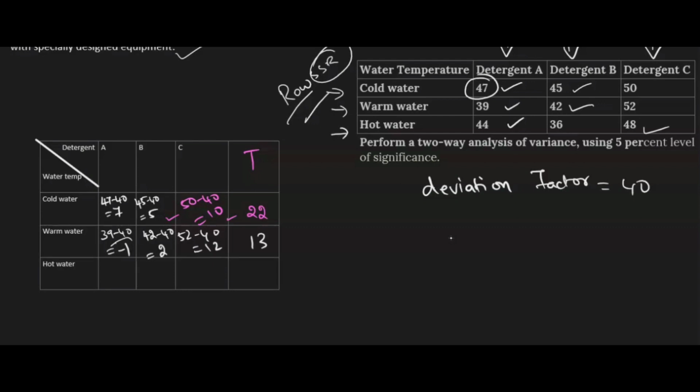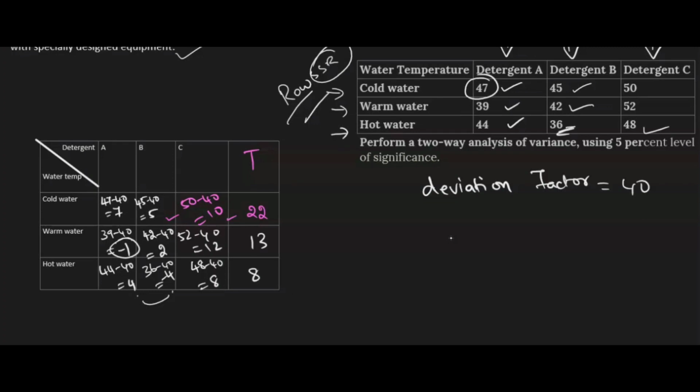So please be careful with the negative values also. And then the last one, 44 minus 40, 4. And we have here 36 minus 40. So now 36 minus 40 will become minus 4. And the last one is 48 minus 40, which is 8. So plus 4 and minus 4, if you add, it will become 0. And then 0 plus 8, 8.